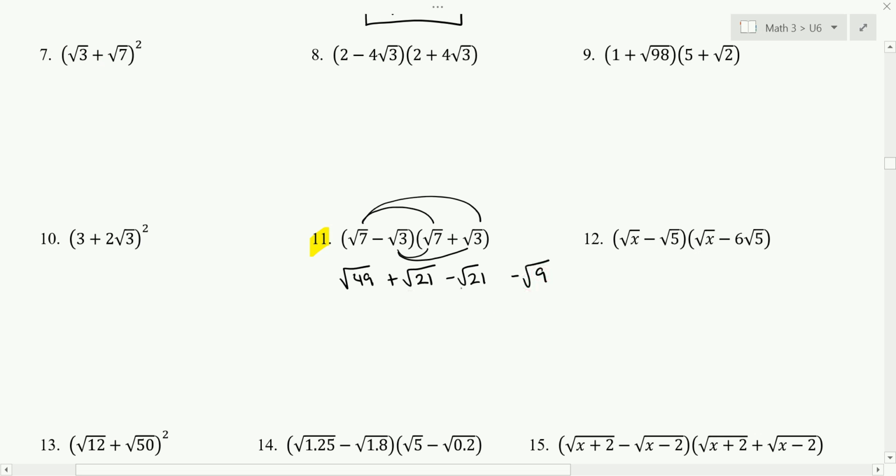The positive square root 21 and the negative square root 21 add to 0. And square root of 49 is 7, minus square root of 9 is 3. So this boils down to 7 minus 3, which is 4.